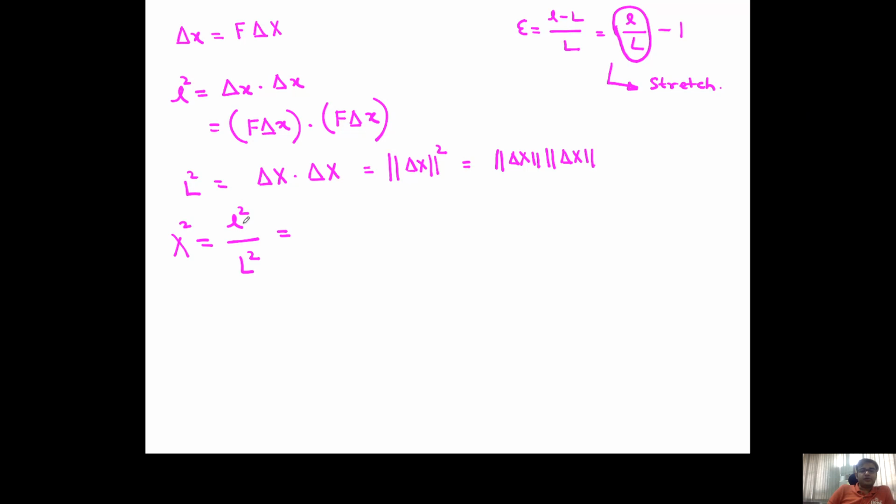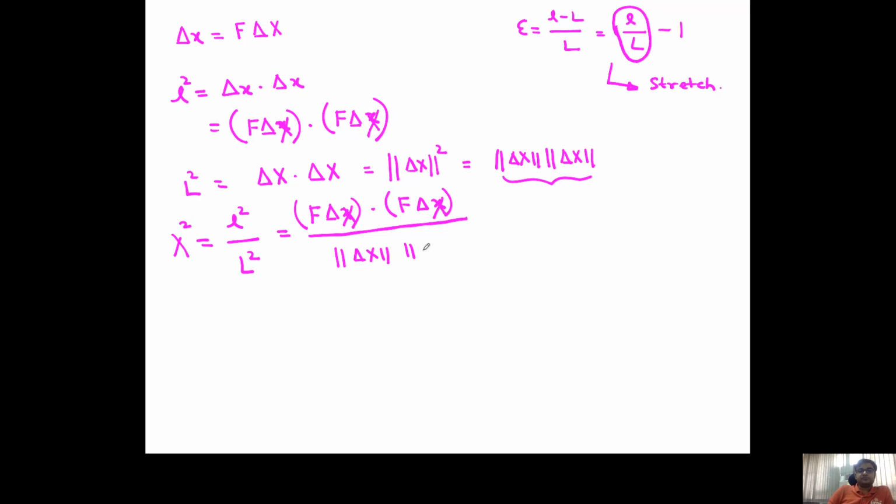And then what is l square? l square is F delta X dot F delta X divided by this term. Okay, there is one problem here. This is capital X, right? So this is capital X. So now what do we have here?